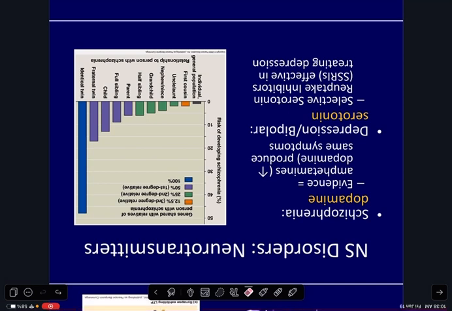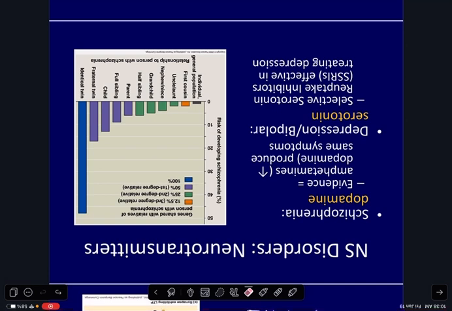The reward pathway is mediated by the neurotransmitter dopamine, so drugs that increase your dopamine make you feel better, and that's why people take these drugs. Amphetamines increase your dopamine levels in your brain, and there are also studies that show that amphetamine use, especially long-term, produces the same symptoms as schizophrenia, which suggests that schizophrenia is also related to an increase in dopamine levels in the brain.